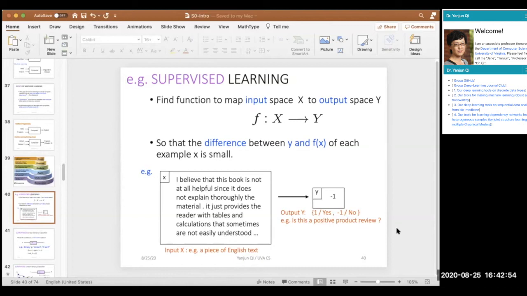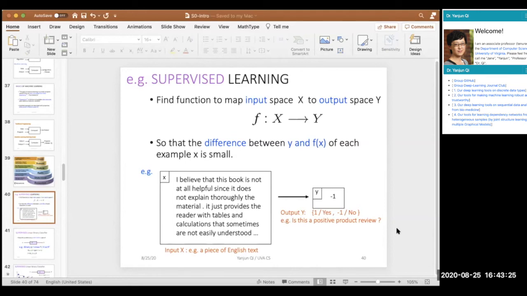This is a lot of things to memorize, so let's use an example. This is an Amazon book review: "I believe this book is not at all helpful since it does not explain thoroughly the material," and so on. We can represent this piece of English text as my X, and I want a function to predict whether this review is positive or negative about the product.